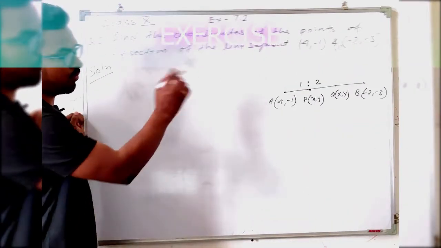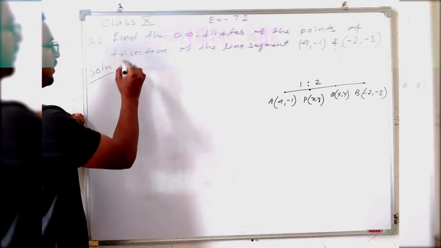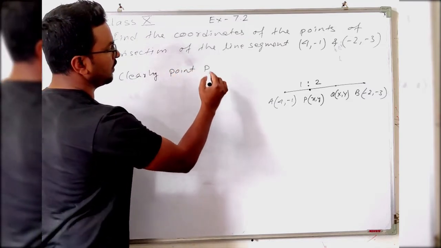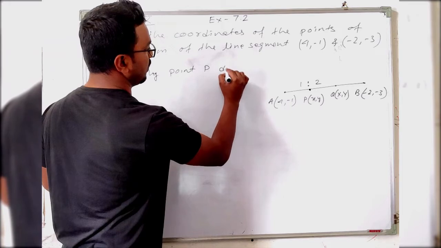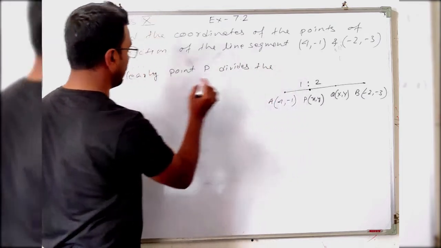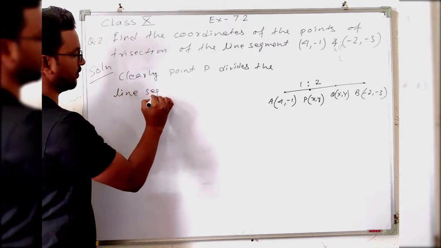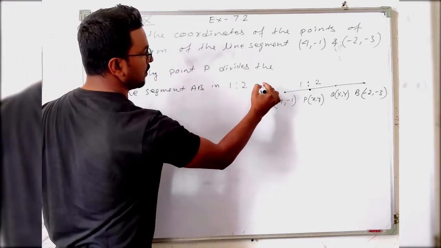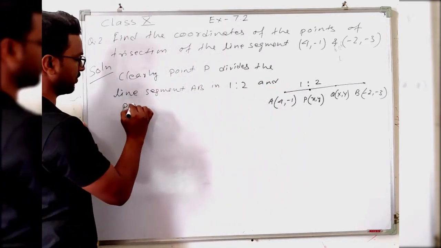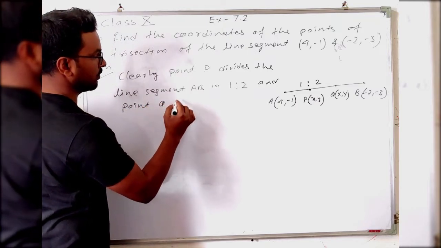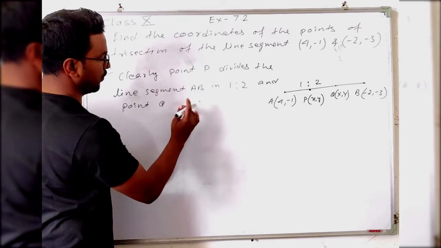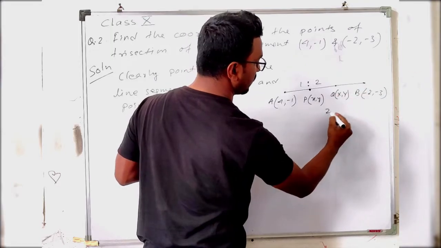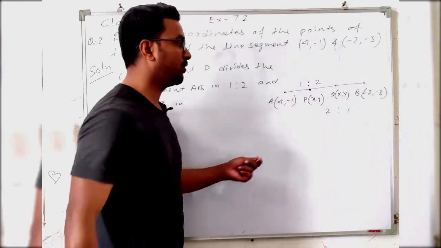Okay, so here the point P divides the line segment AB in the ratio 1:2, and for point Q, it will be 2 parts on this side and the other part will be 1, so 2:1.